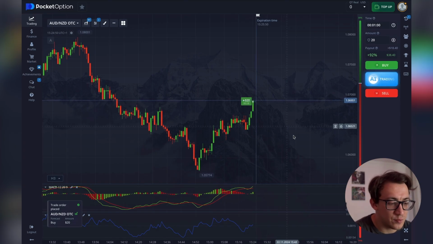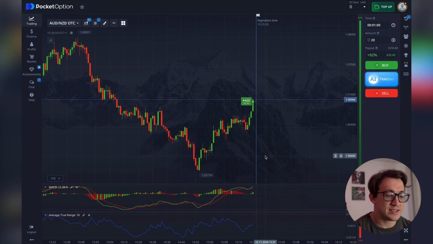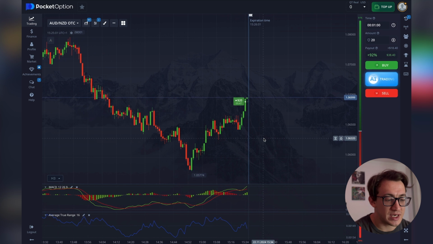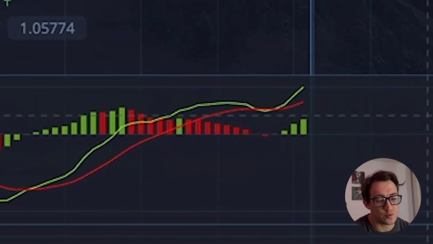So I enter with $20 to the upper position, and let me explain everything in detail, guys. With this trading strategy, first we're watching the MACD indicator. That indicator consists of two lines.